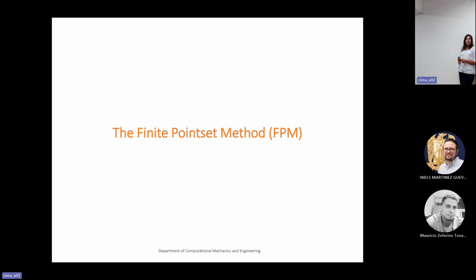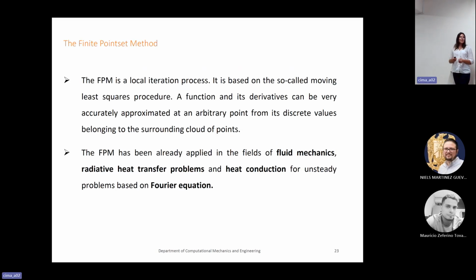And now about the finite pointset method that can be applied among some other methods. So here is sitting the specialist of this method, so I hope I will not commit errors. This method is a local iteration process.